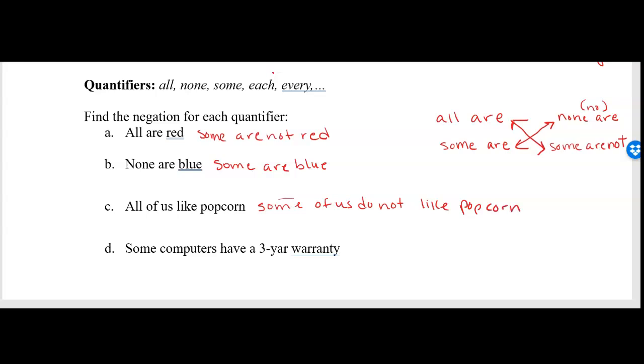So all of us like it, some of us do not like it. And then some computers have a 3-year warranty. Here's some. The opposite are no, none. So I would say no computers have a 3-year warranty. You can get my point. So no computers have a 3-year warranty.